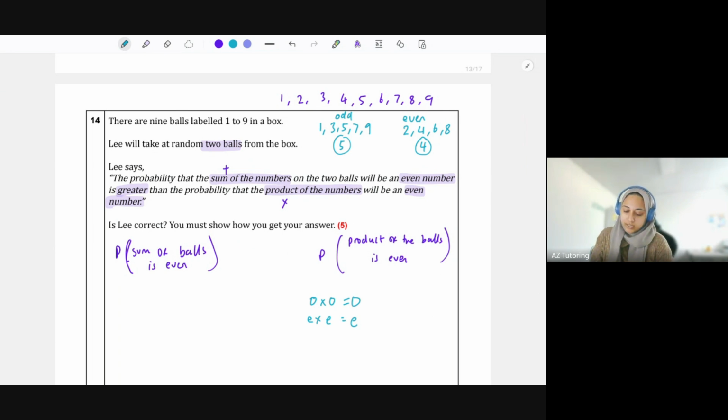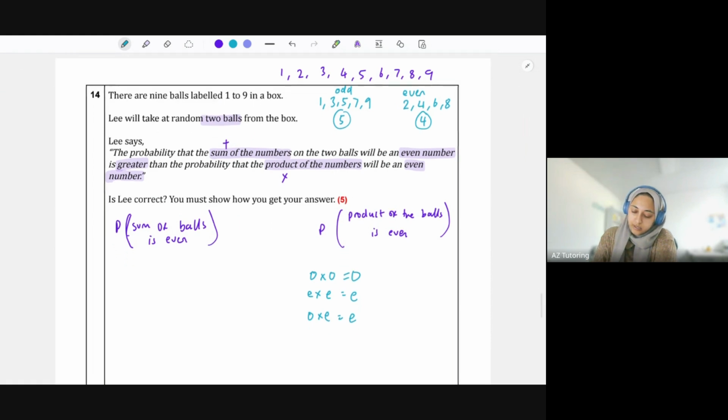What if I do odd and even? If I do odd times even, 3 times 2, for example, I get 6, so that's even. 1 times 8 is 8, so I'll always get an even. But I can also do it the other way around. I could get an even the first time I pick a ball and then odd the second time, and that will also give me an even.